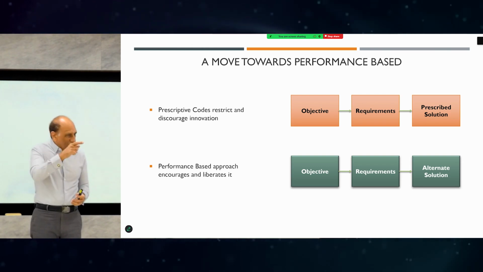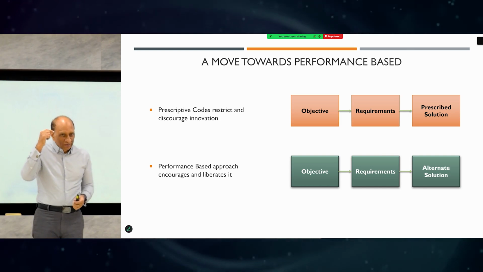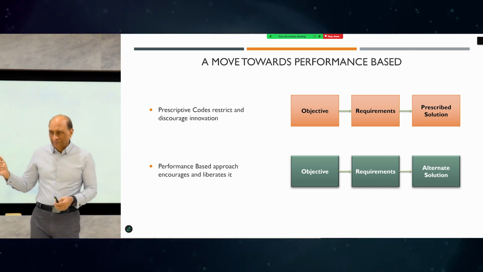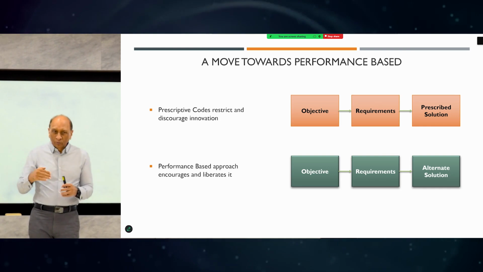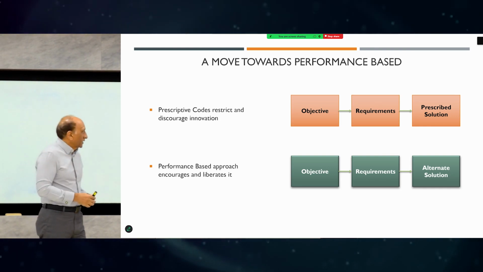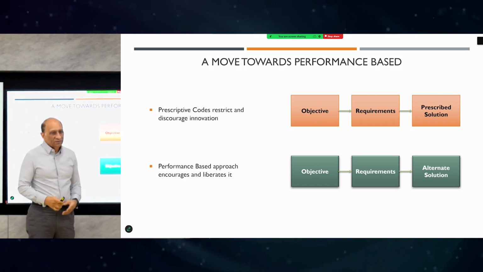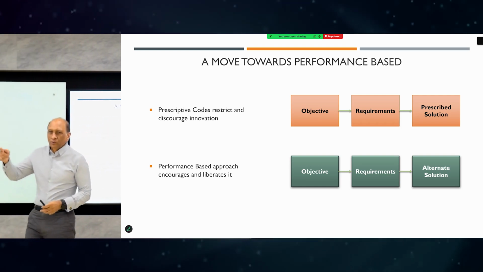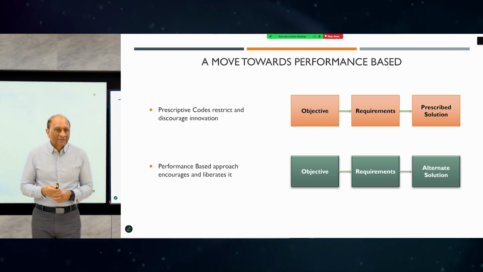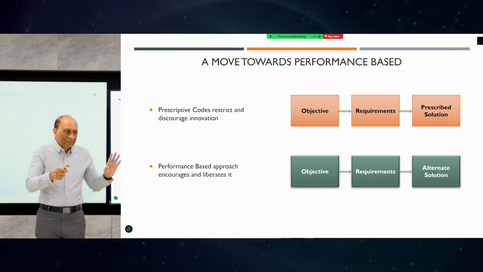Because all you did was check, and you have to assume that the code is okay, but the code is not okay for most buildings, tall buildings especially. So for performance-based design, you have objectives, requirements, and then alternate solutions. You can check several solutions and then verify the objectives one by one. Okay? So we don't have time to go into this.